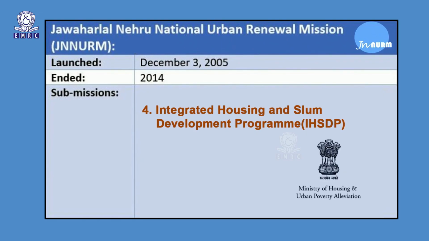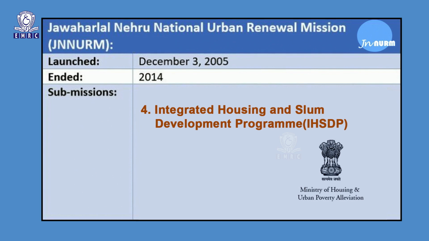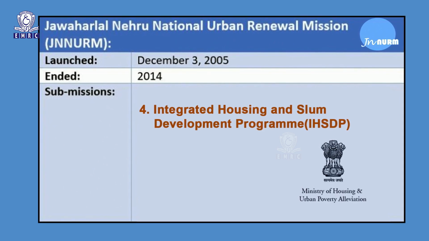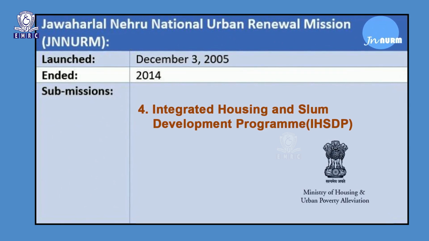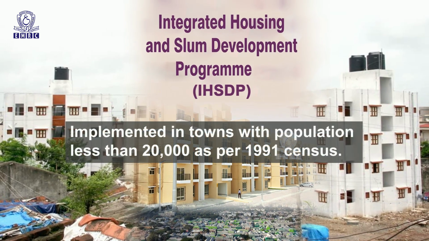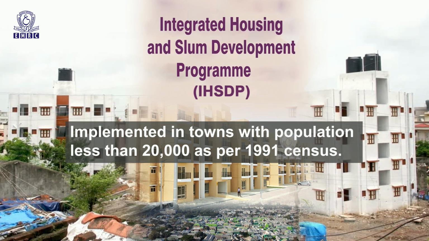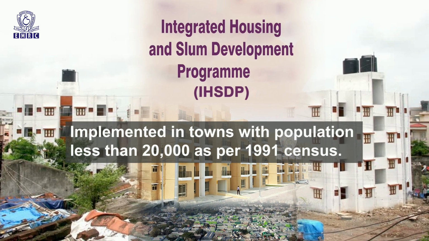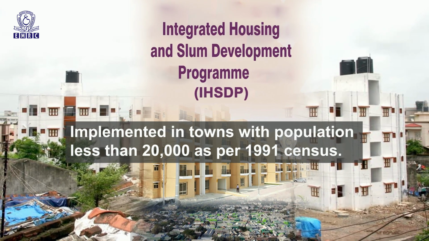Integrated housing and slum development program, administered by the Ministry of Housing and Urban Poverty Alleviation, was envisaged and brought into effect in 1993-94 with a view to providing the entire population with safe and adequate water supply facilities. The program is implemented in towns with population less than 20,000 as per the 1991 census.